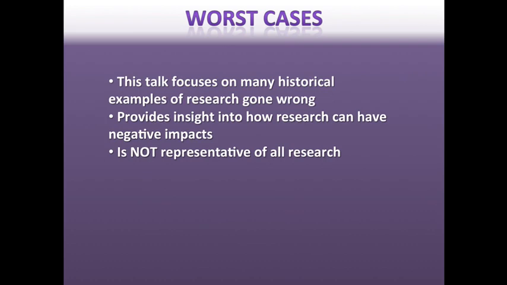All right, so something I should note here, and this is my caveat before I start this lecture. This is a talk that really focuses in on historical examples of research that has gone really horribly wrong. Now, the reason I'm doing this is that these examples really give us some insight into how research can potentially cause these negative impacts. But despite this, I want you to keep in mind that this is not necessarily representative of all research.